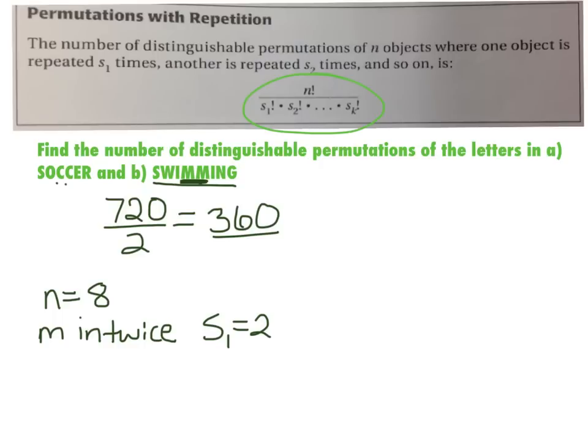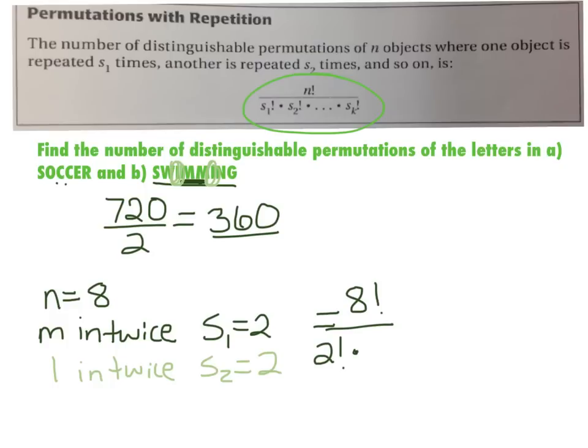And the I, see the I right there and right there? I is also in there twice, so s2 is also 2. If I had a letter in there 3 times, that number would be 3 instead of 2. So to solve this one, I'm going to have to do 8 factorial on top, and then on the bottom, 2 factorial times another 2 factorial.